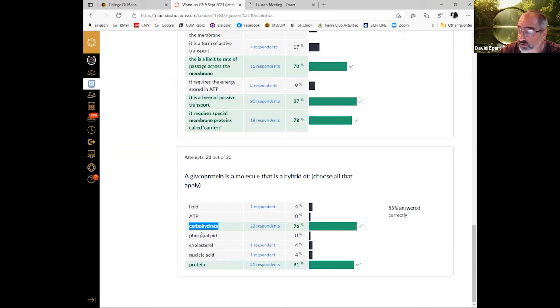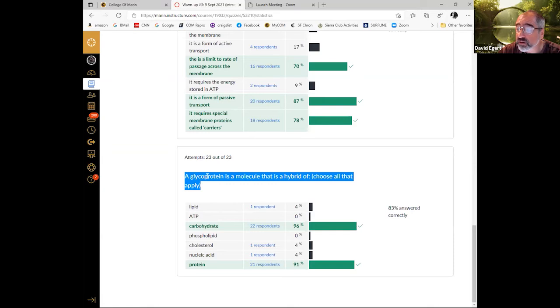So carbohydrate, protein. Again, cholesterol is a lipid. Nucleic acid. Yeah, so again, glycoproteins are kind of the main things on the cell membrane, embedded membrane proteins that are used for cell ID and things like that. We'll be talking more about that.